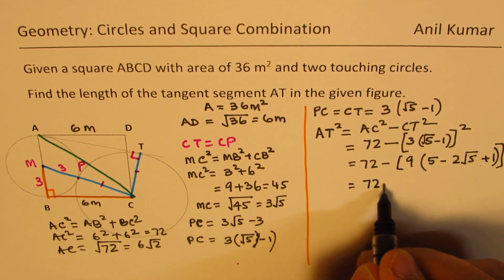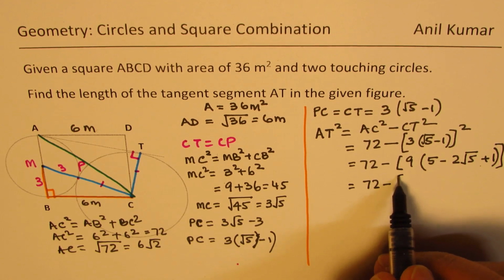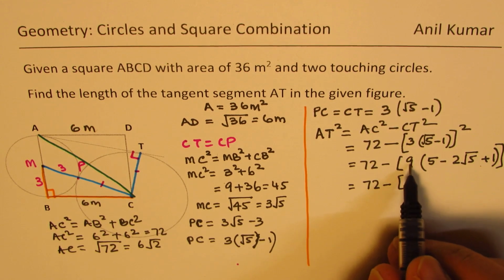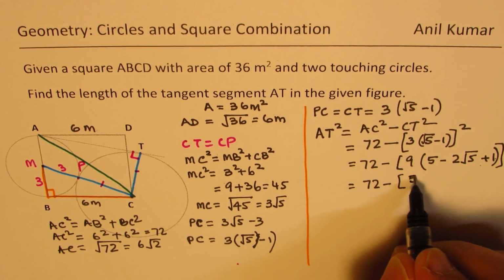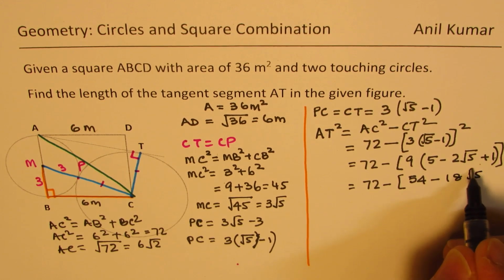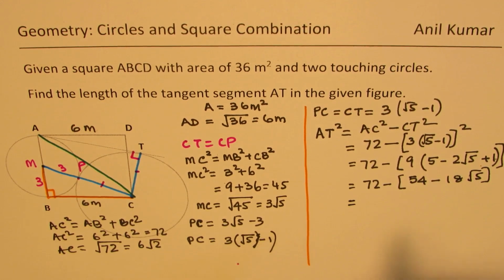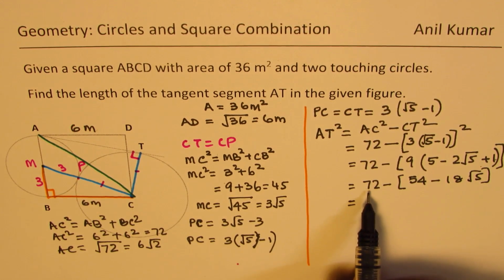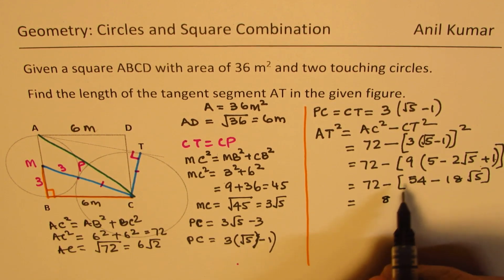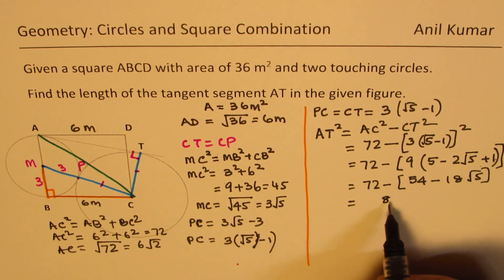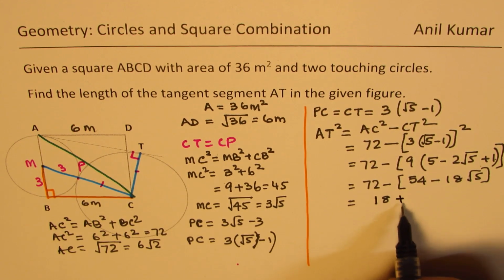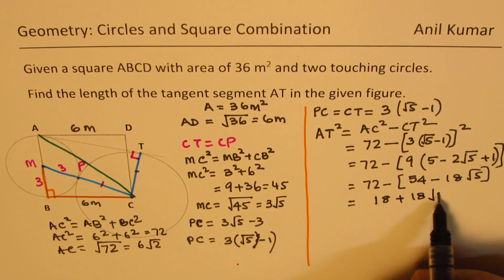We get 72 minus, within bracket, 5 plus 1 is 6, right? So 9 times 6 is 54 minus 18 square root 5. 72 minus 54 means 18, and minus and minus becomes plus 18 square root 5, right?